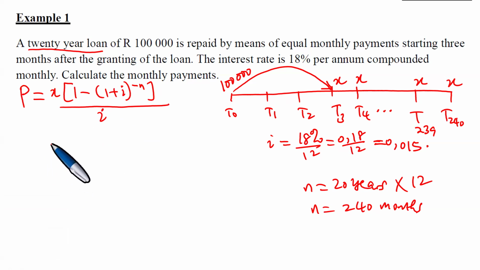Now this is a loan we're dealing with, and a loan is a present value situation. Let us reason together here. It is a 20-year loan of 100,000, repaid by means of equal monthly payments starting 3 months after the granting of the loan.